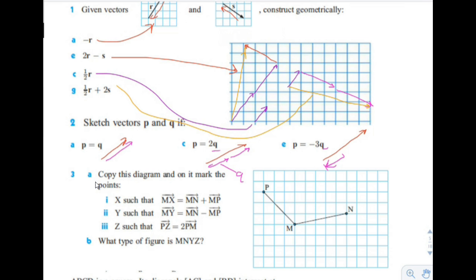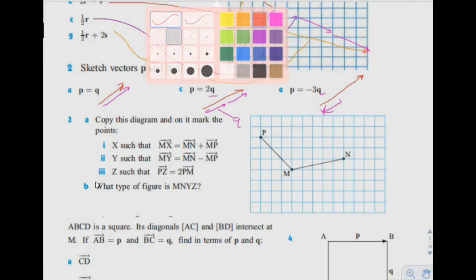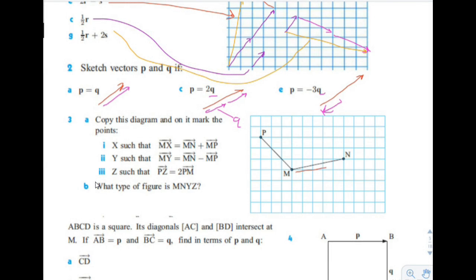3a. Copy this diagram and on it mark the points x such that mx equals mn plus mp. Well, let's figure out what's mn plus mp. mp is that one.